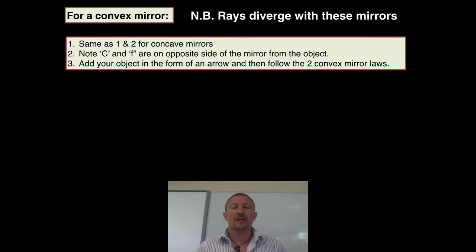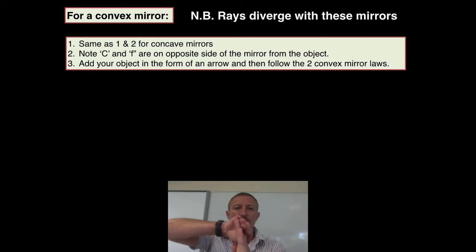Now, remember that with a convex mirror, the shiny reflecting surface is here, okay, and the rays will go outwards. So the curvature is on the opposite side. We'll have our object on this side, but our curvature and focal point will be on the opposite side of the mirror to where the object is.